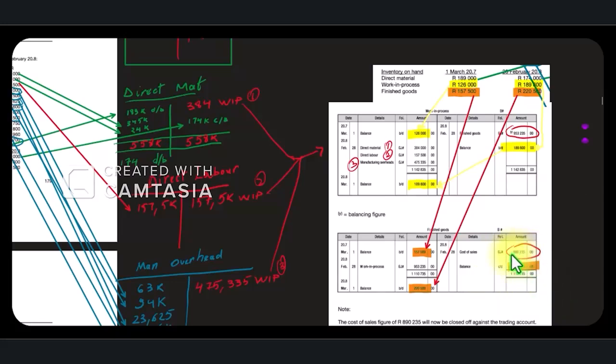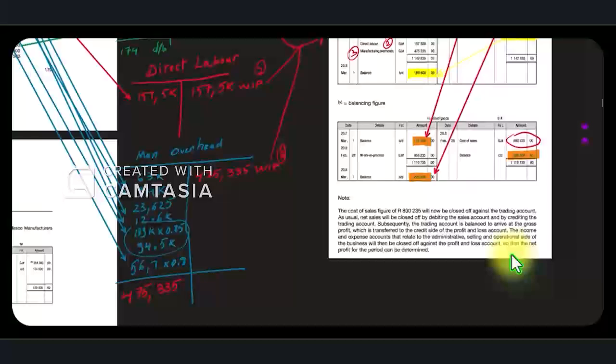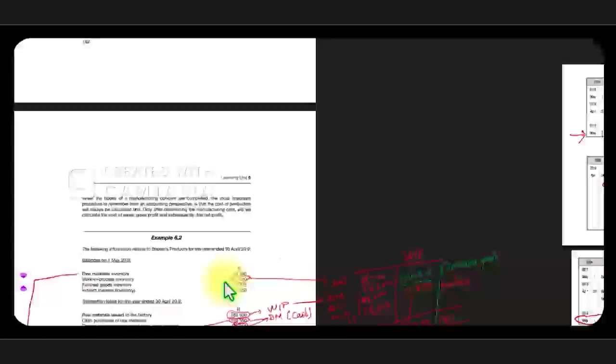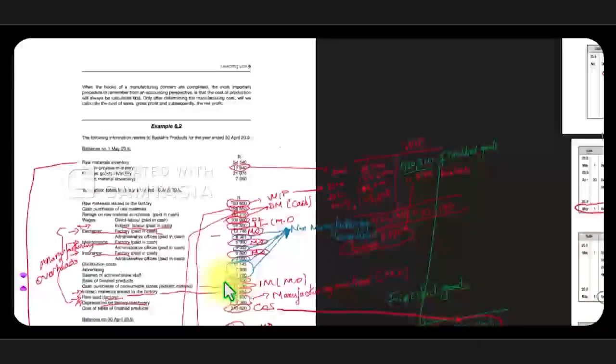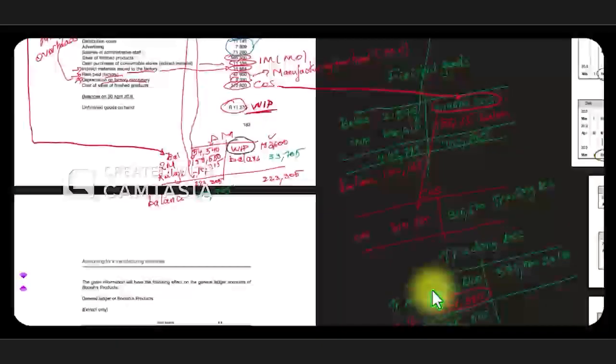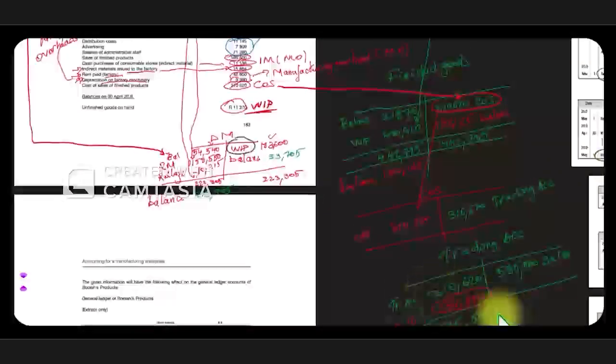Right, so we have cost of sales. Obviously, in this example, we do not have the other accounts. But in the following example, 6.2, we will cover those accounts. Remember, previously we were looking at the finished good, which would have on one side the finished good that came from the working process, and the cost of sales on the other side.